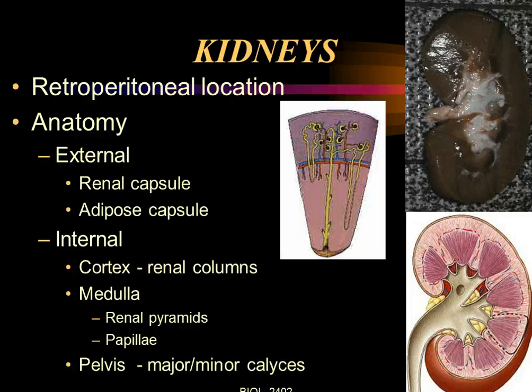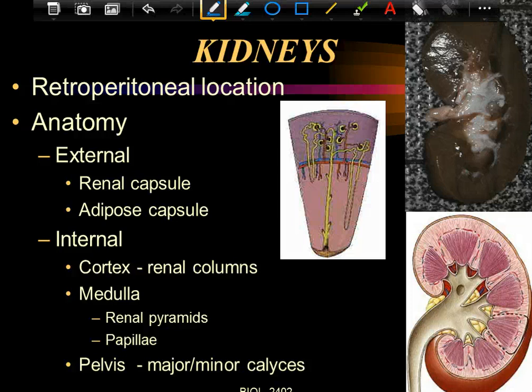All right, so the anatomy, let me get over to my annotation here. Okay, here is the cortex out here in light pink. And then you notice these triangular things right here. They're called pyramids.